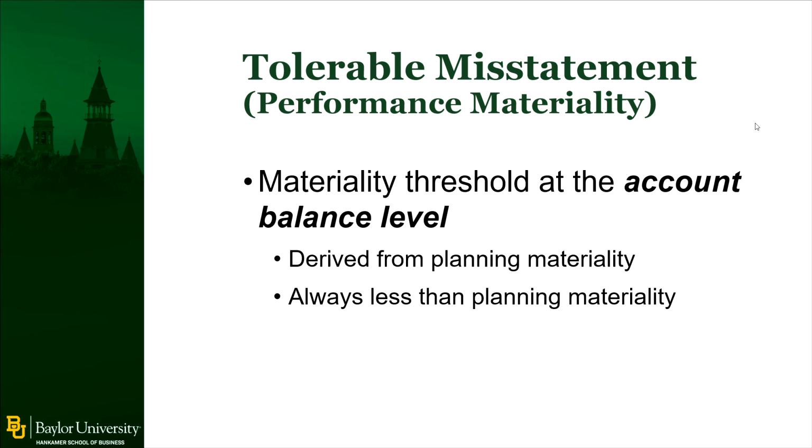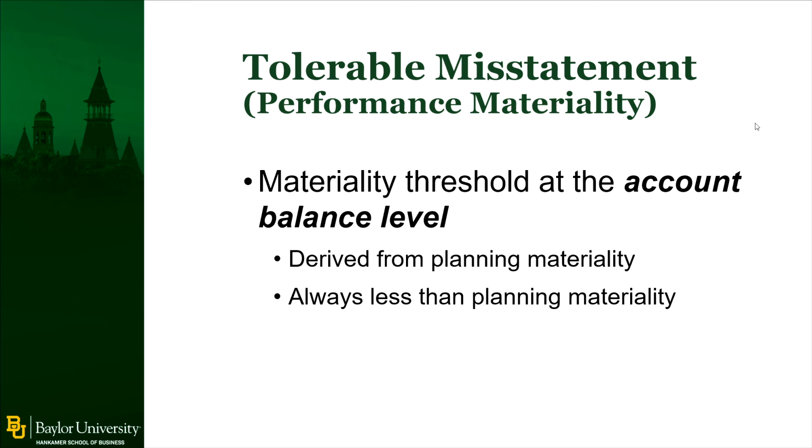The next reason that we allow the sum of tolerable misstatement to be greater than overall materiality is that when you take tolerable misstatement and you compare it to the account balance, so let's say for Walmart, for their inventory, they're going to have really large amounts of inventory.